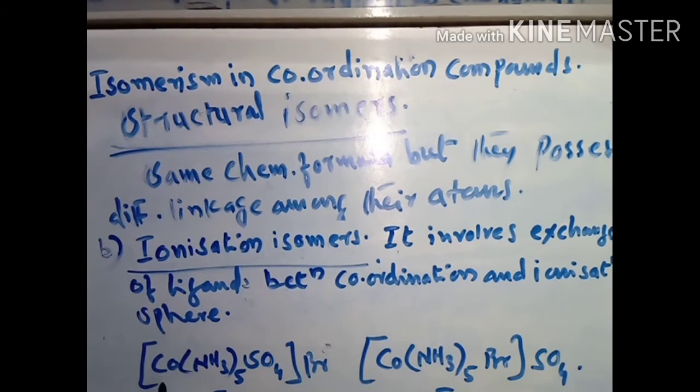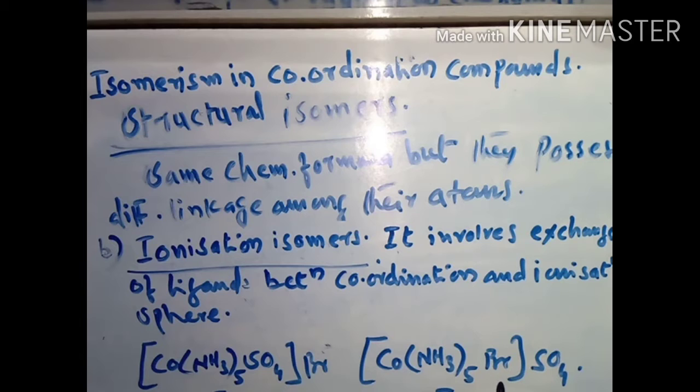How? In this complex, cobalt is the central metal ion. Here 5 amines, and in both of the cases 5 amines are there, but sulfate and bromide are also there.